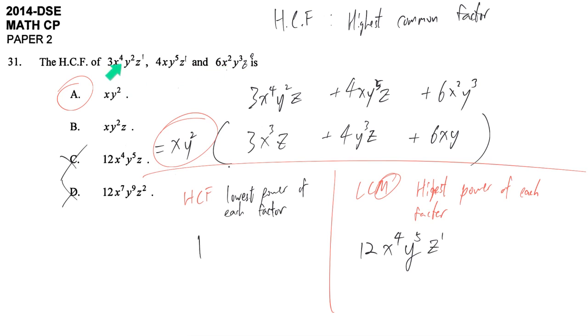And then x power 4, power of 1, power of 2. We choose the least power, x power of 1. For y, power of 2, power of 5, power of 3. We choose the least power, power of 2. For c, power of 1, power of 1, power of 0. So we choose power of 0, which means we don't need to write that. So this is our answer in question 31.